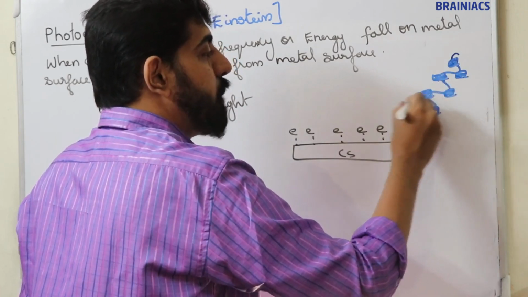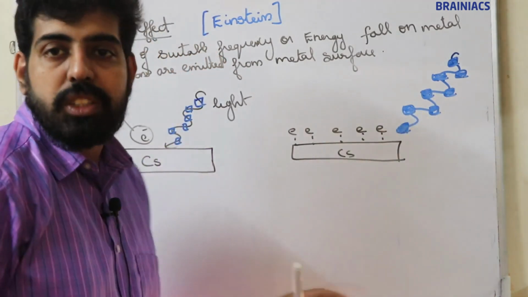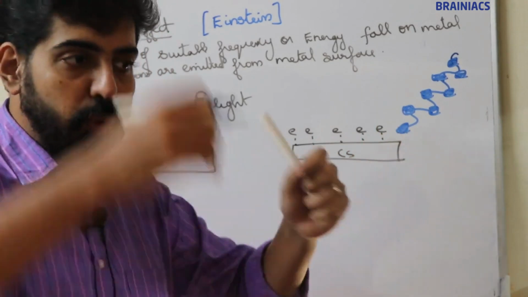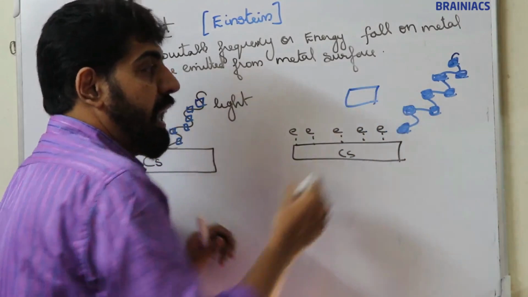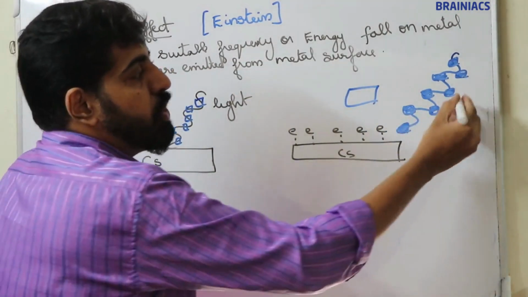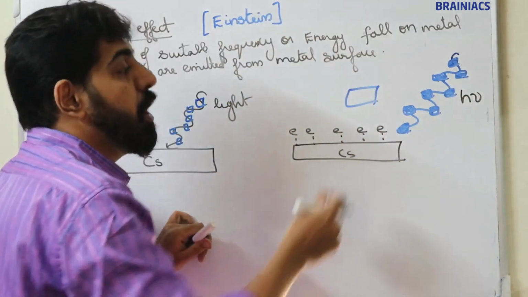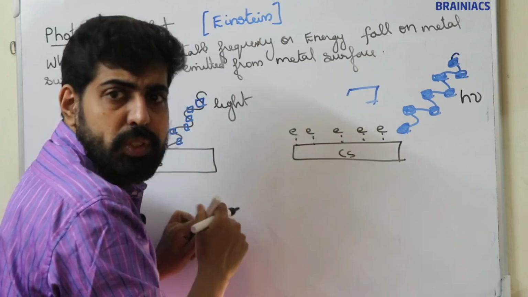When light strikes on metal surface, light contains energy packets, known as photons. Let the energy of each packet be h nu.